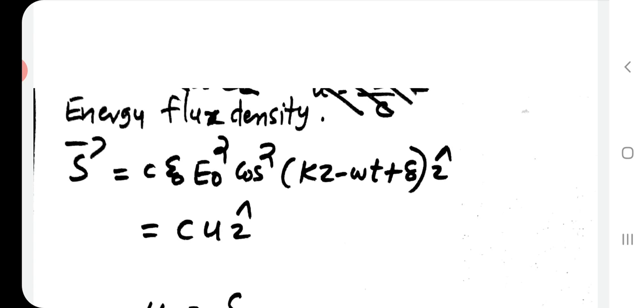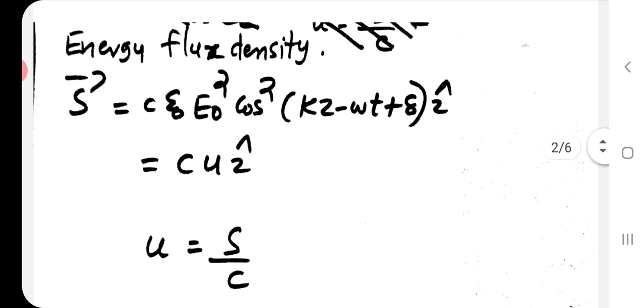And that is equal to c times U, where U is the energy density, epsilon 0 E0 square cos square (kz minus omega t plus delta). So here I can write U as equal to S by c. U, the energy density, is equal to the Poynting vector, or the energy flux density, by c.